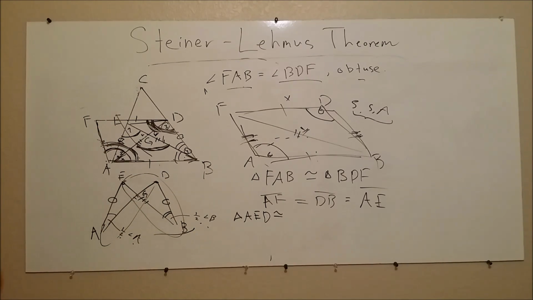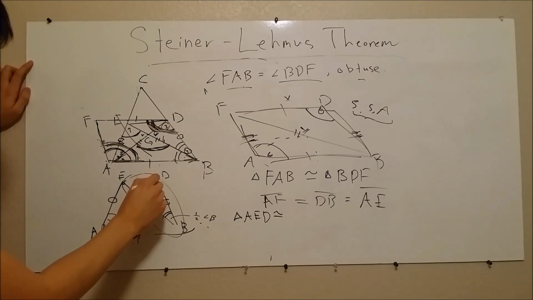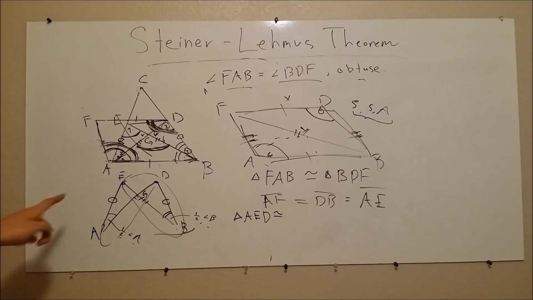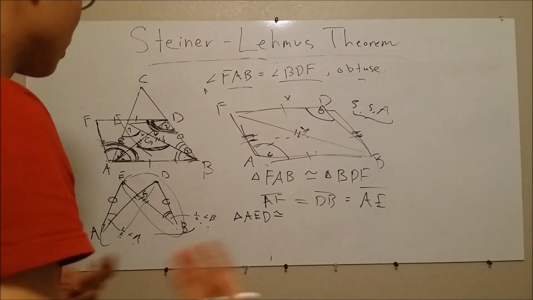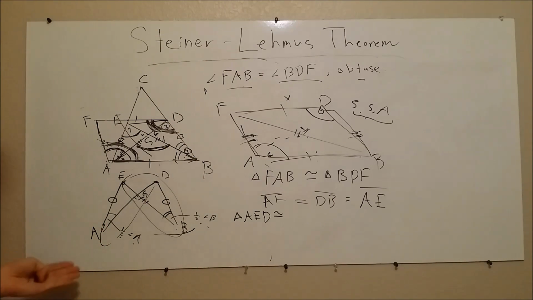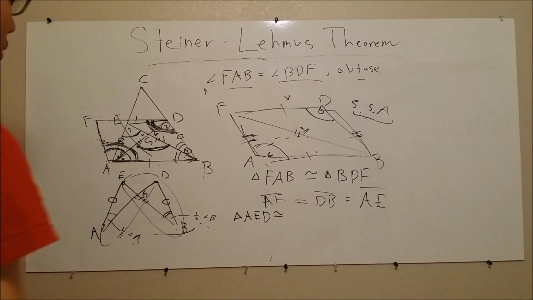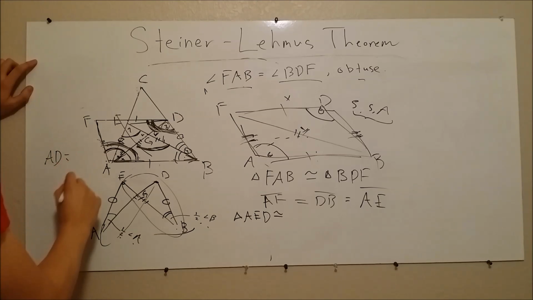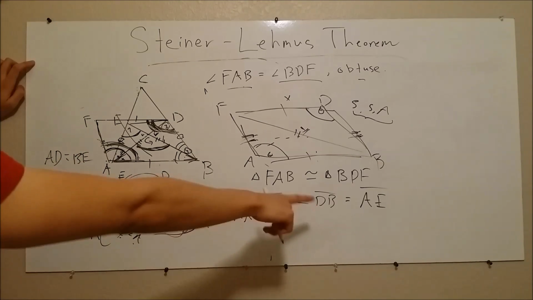Okay, by assumption we have AD is equal to BE. Okay, those are our bisectors, and we assumed to prove the implication that those two are equal. Okay, so we have a side AD is equal to BE. Okay, now we have another side we just showed.